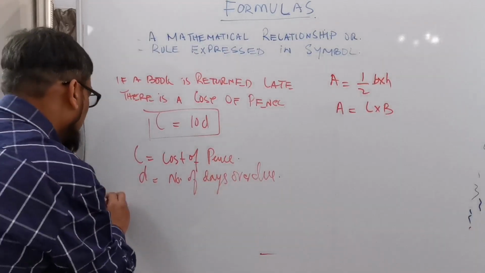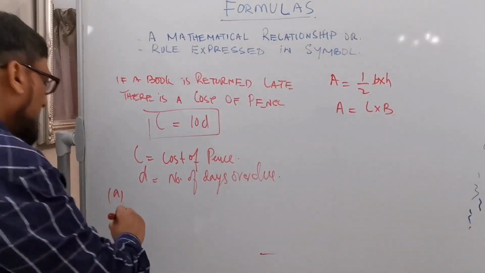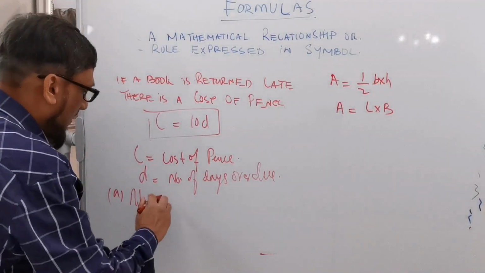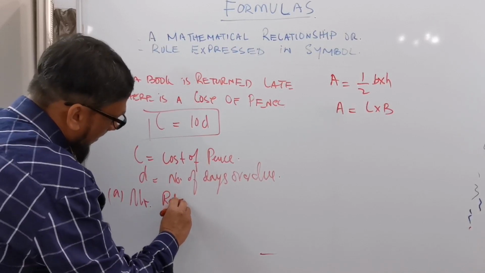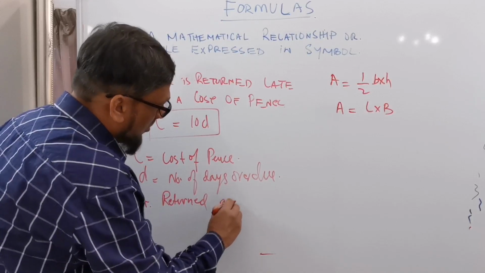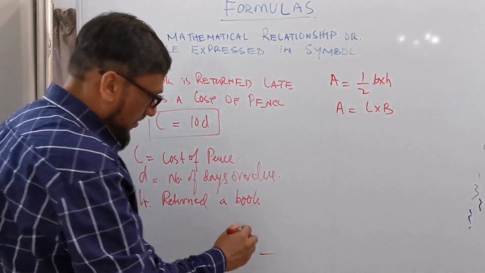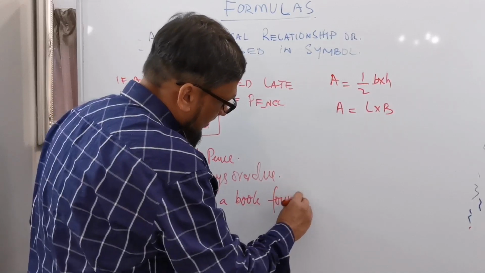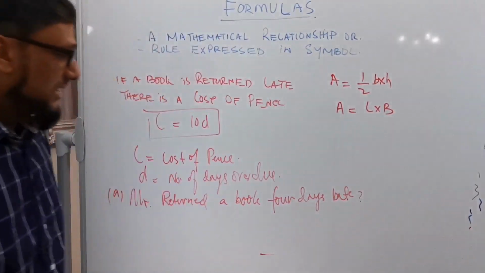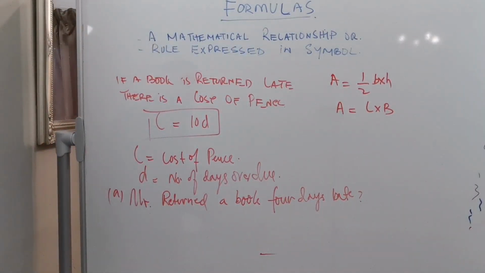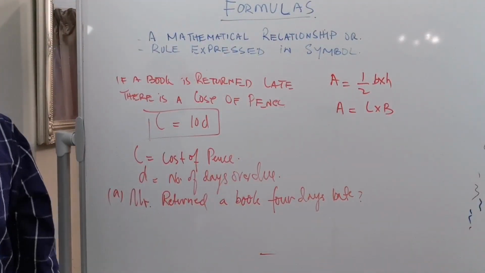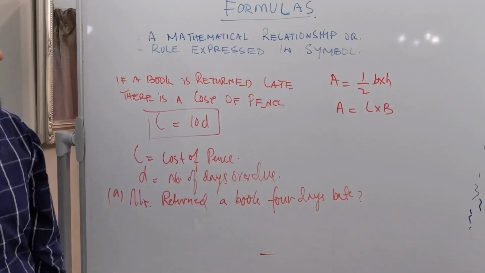So Mr. A returned a book 4 days late. So how many days late did he return it? The book was due 4 days earlier, and he came back to return it to the librarian after 4 days.